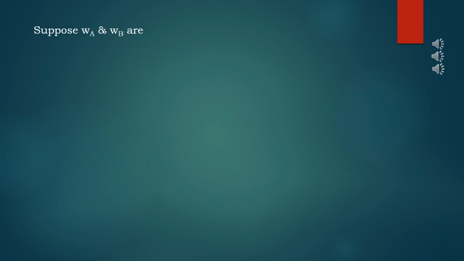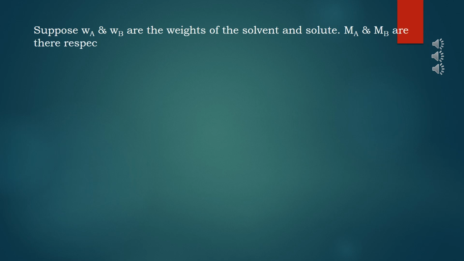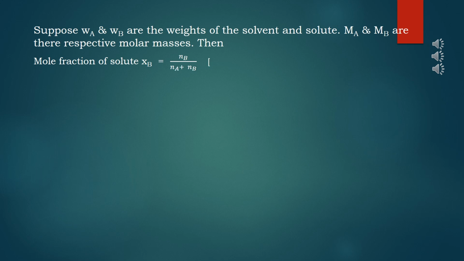Suppose WA and WB are the weights of solvent and solute respectively, and MA and capital MB are their respective molar masses. Always remember, we write capital A for solvent and capital B for solute. Then the mole fraction of solute XB is equal to the number of moles of solute divided by the total number of moles of all the components, that is solute and solvent, where NA and NB are the number of moles of solvent and solute respectively.